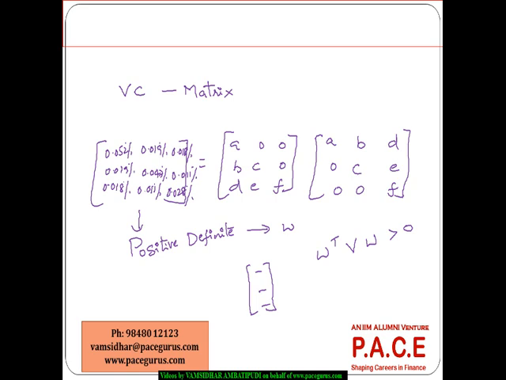Then we call it positive definite. If it is greater than or equal to 0, we call it positive semi-definite. If it is less than 0, we call it negative definite. And if it is less than or equal to 0, we call it negative semi-definite.